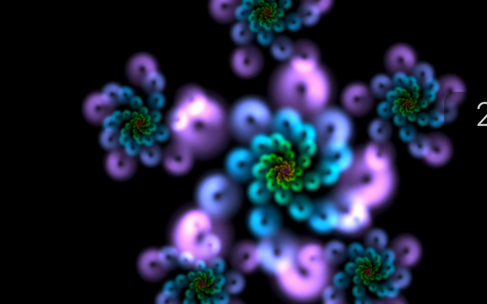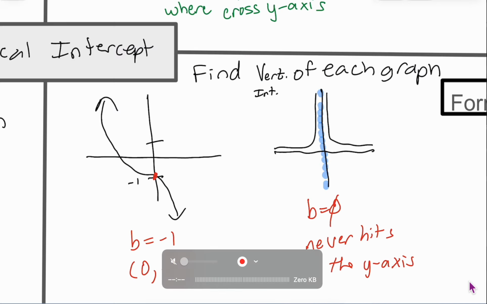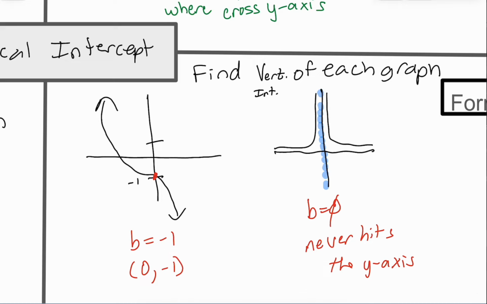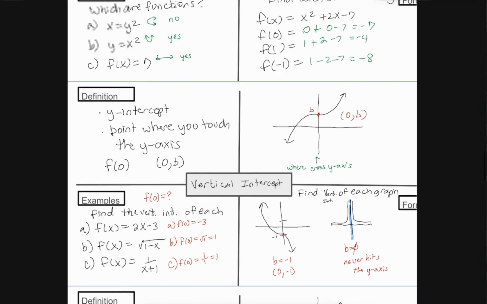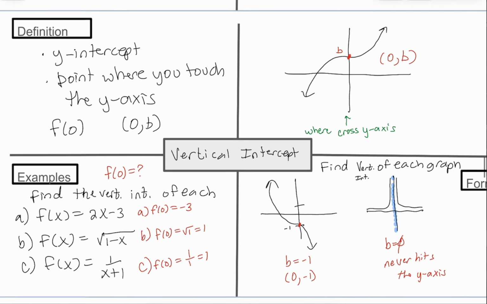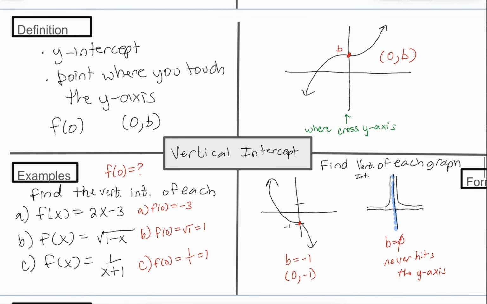It doesn't hit the y-axis. And there are graphs like that. You know, it really just depends upon the circumstance. And there's what we know about vertical intercepts.